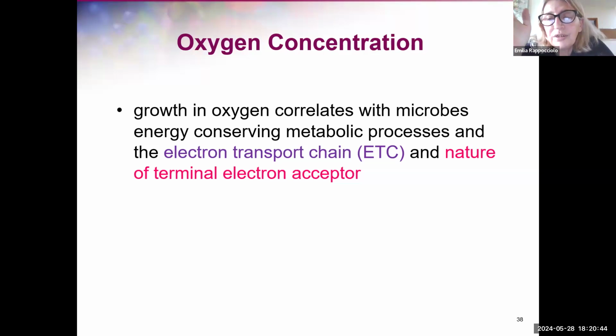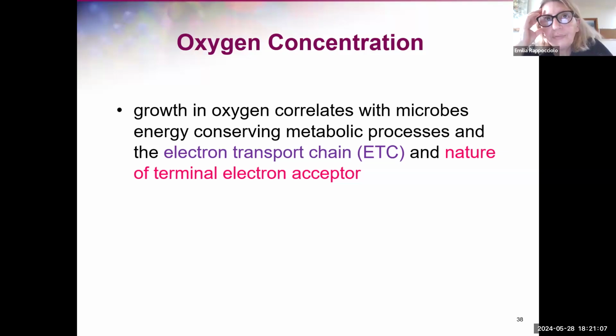But oxygen is a very dangerous molecule, and some bacteria are not able to survive the presence of oxygen, and this is because they don't have those enzymes that remove the reactive oxygen species.